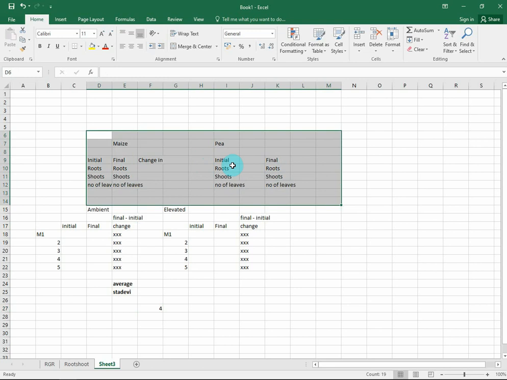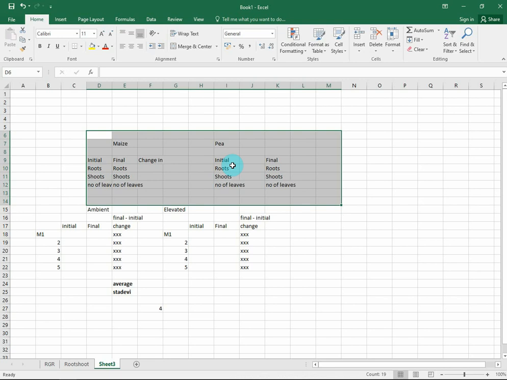Absolutely not. But you also need to think about it. There's nothing worse than getting a script from a student and they've got a graph for roots, maize, ambient. They've got a graph for roots, maize, elevated. And then they've got a graph for roots pea and shoots pea. And someone put number of leaves on the same graph as roots and shoots. We're going to have a problem if it's not the Z axis.